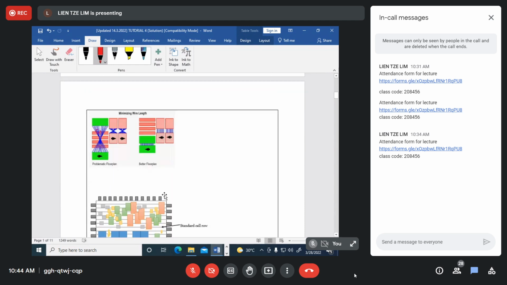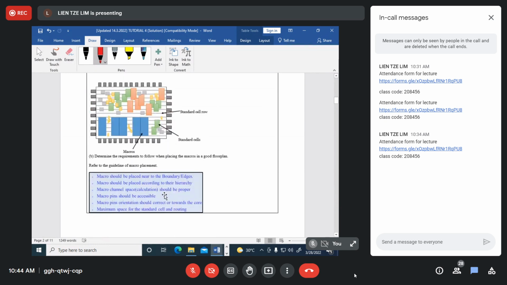For part B, the task is to determine the requirements to follow when placing the macro in a good floor plan. There are a few steps and rules to follow when placing the macro. This guideline is also given to you in the lecture notes.